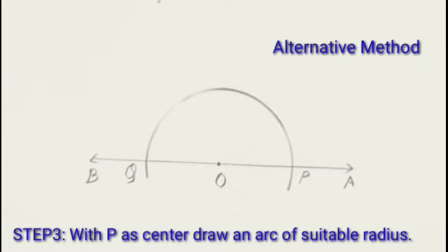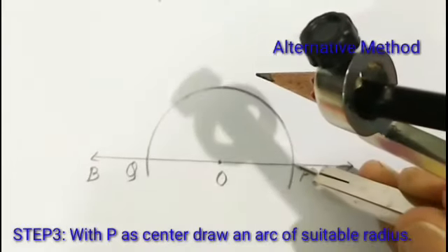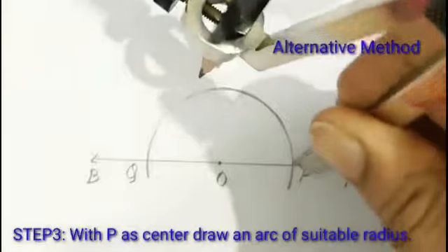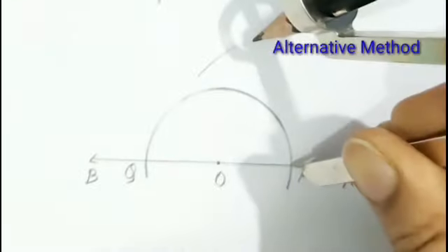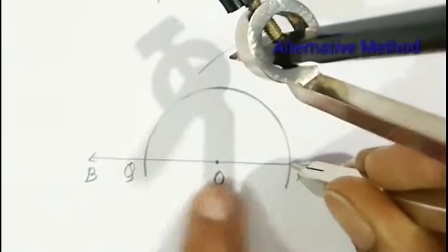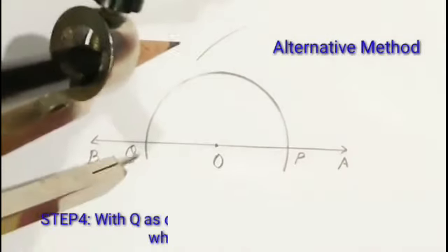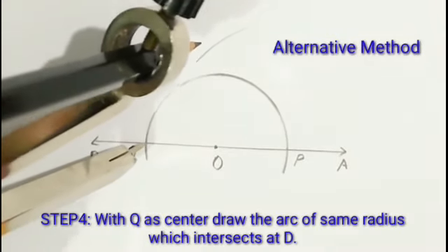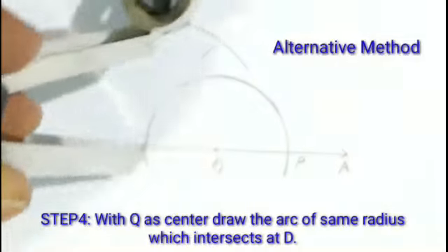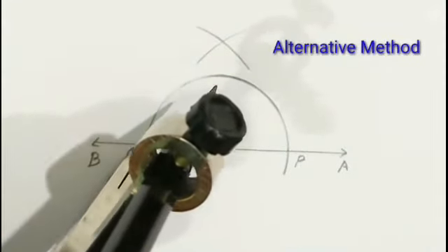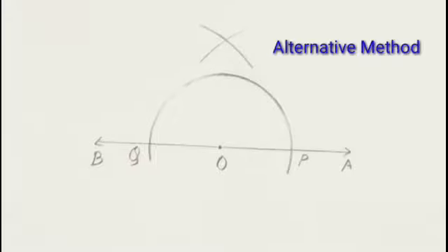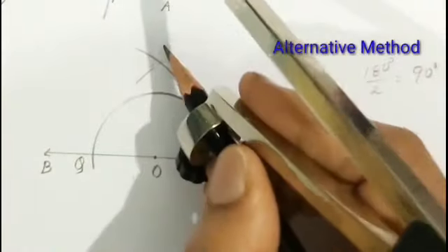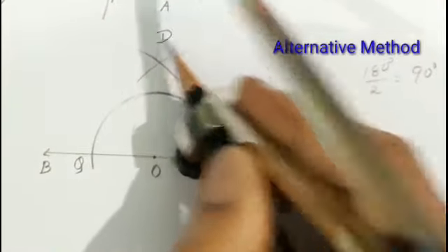Step 3. P as center, draw an arc of suitable length more than OP. Next step, Q as center, repeat the same without changing the radius of the arc. This point is D. Step 5.